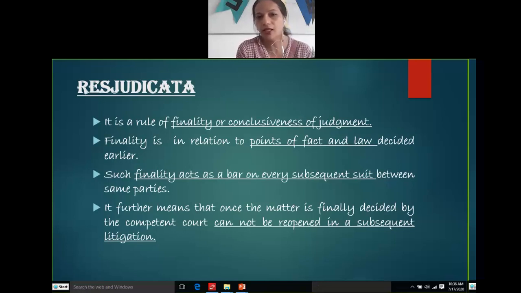So, finality is in relation to the points of fact and the law which is decided earlier.